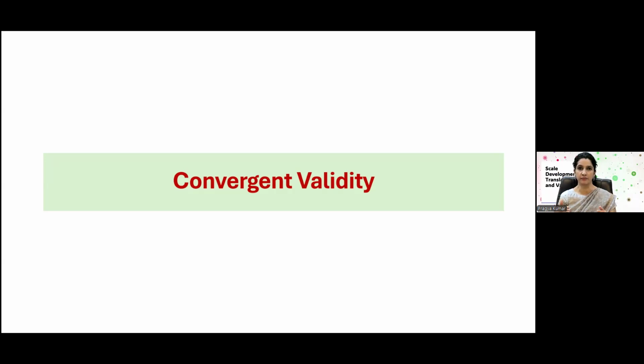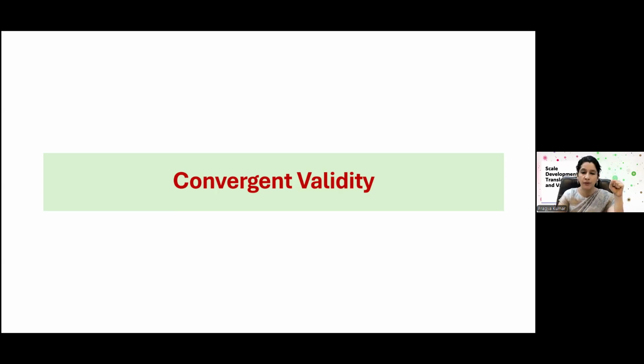So there were three factors with underlying items. Your exploratory factor analysis has merged all these items together into one factor. So is there any correlation between these items measuring the same factor? That we call convergent validity.